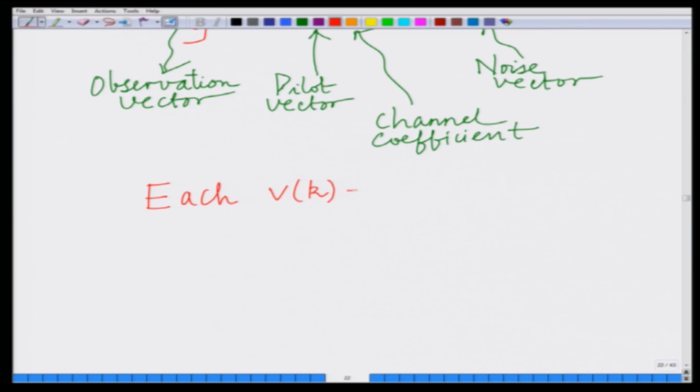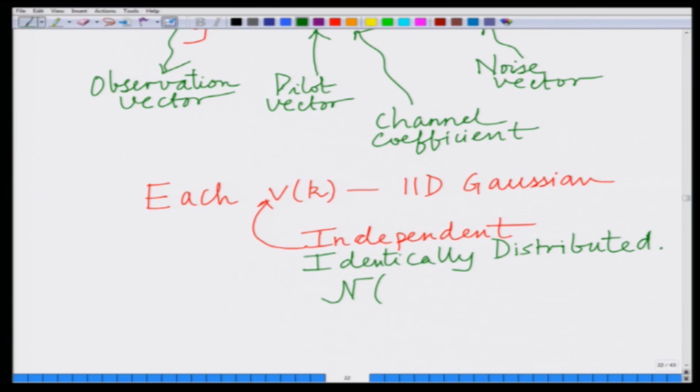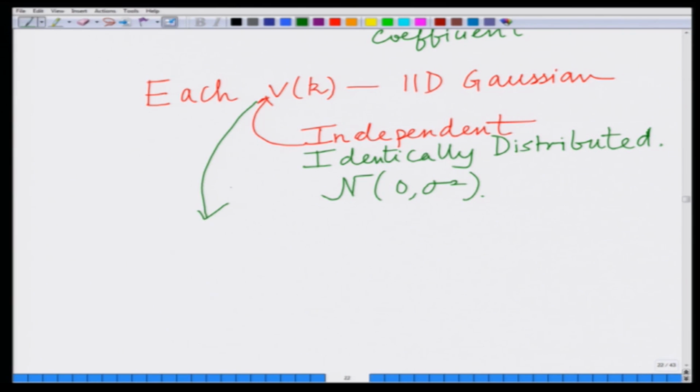Further, we are going to assume that each Vk is IID Gaussian, as we have seen before, that is, independent identically distributed as Gaussian, each with mean 0 and variance sigma square, which implies again, to just summarize, the expected value of each Vk equals 0, and the expected value of V square k equals sigma square.